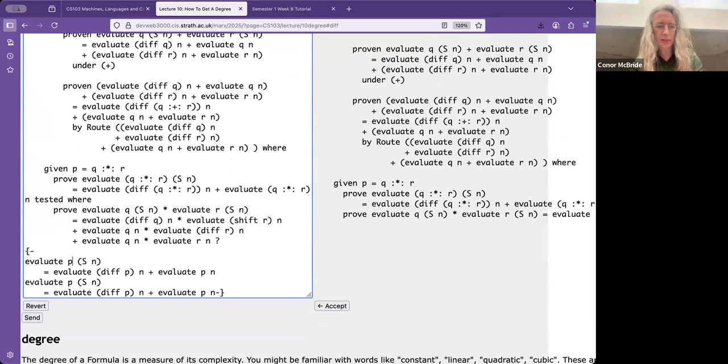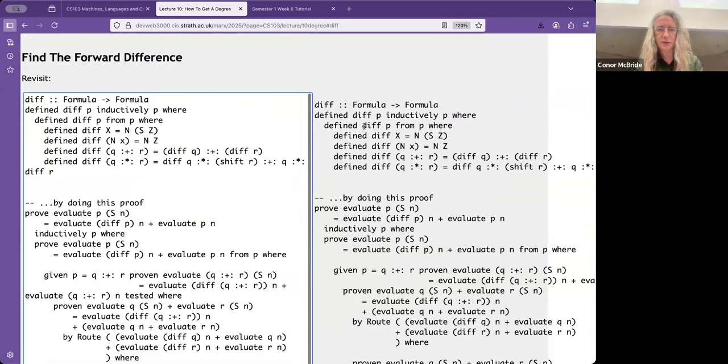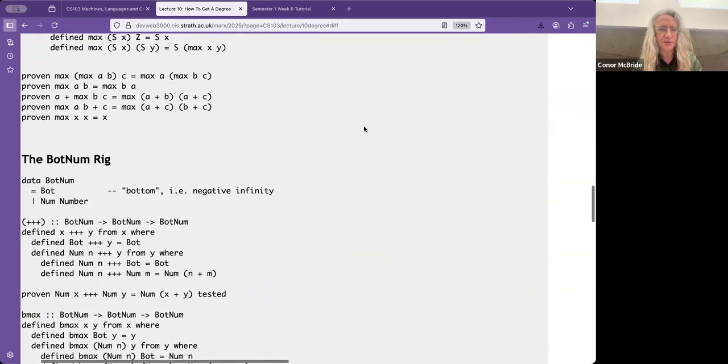So we know, because Q and R are smaller than P, we know some facts about evaluating Q, and we know some facts about evaluating R. But there's something else that we know about evaluation and shift.